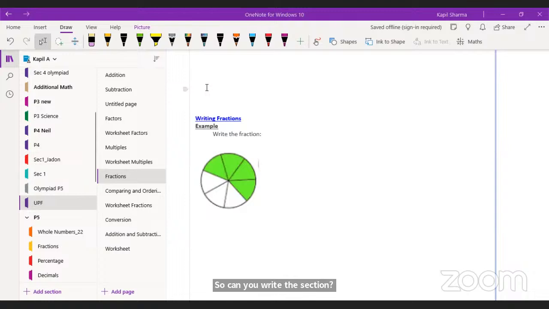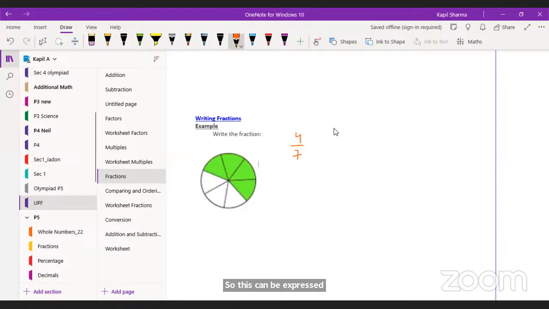Yes, guys, please respond. Yes, Swastik. So here you have 7 equal parts, and we have shaded 4. So this can be expressed as 4 upon 7.